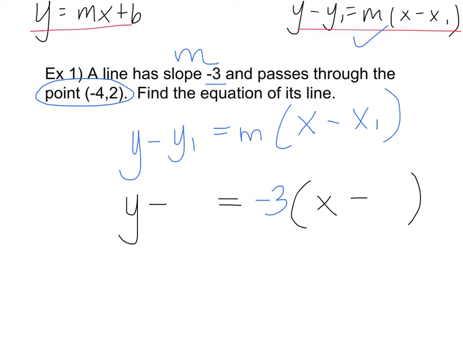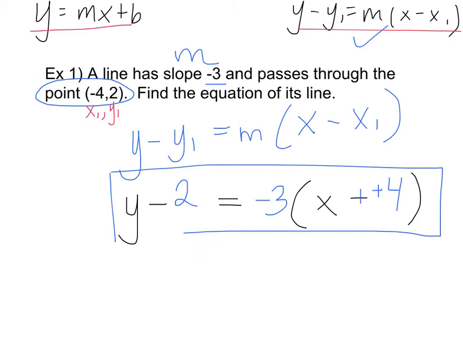You've got to be real careful here because you have x1 and y1. And notice the y's get paired together and the x's get paired together. So the y1 is 2 and the x1 is -4. And then you should clean this up. If you subtract a negative, that's the same thing as adding. Okay, so this is your final answer, and you can just set it and forget it.